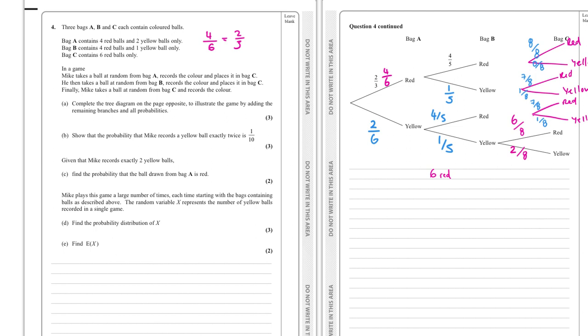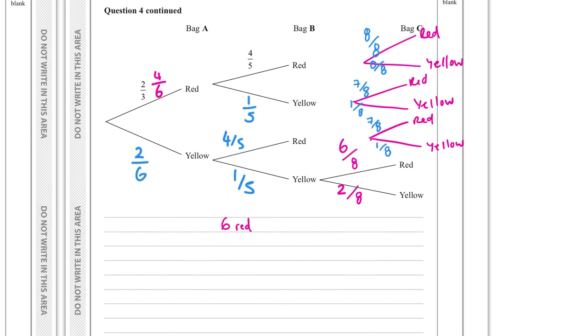So, tree diagram completed. It says show that the probability that Mike records a yellow ball exactly twice. So what is the only way to get it twice? Okay. The only way to get it twice is if we did red, yellow, yellow, or yellow, yellow, red, or yellow, red, yellow.